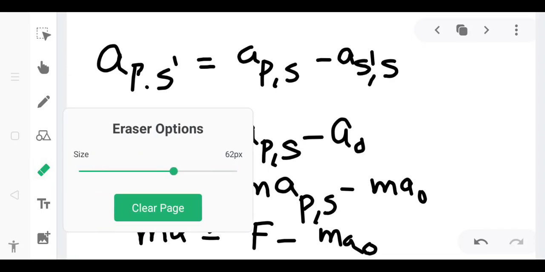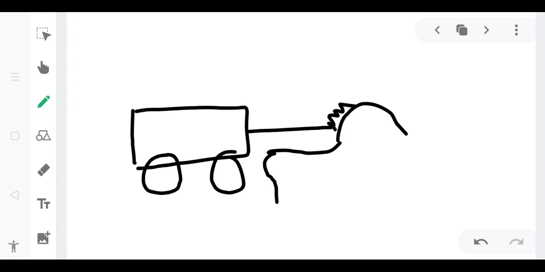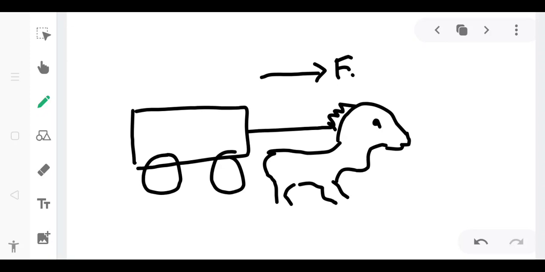See here, when the cart is being pulled by the horse, this is the forward force applied by F1, right?